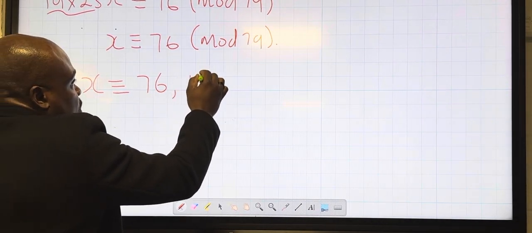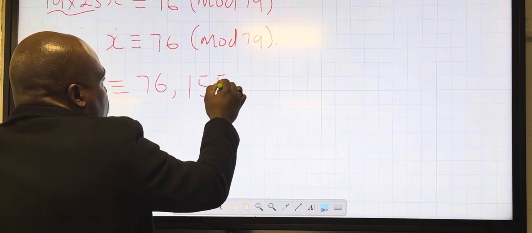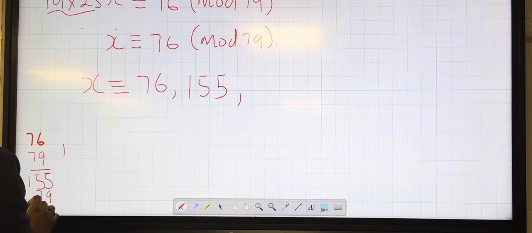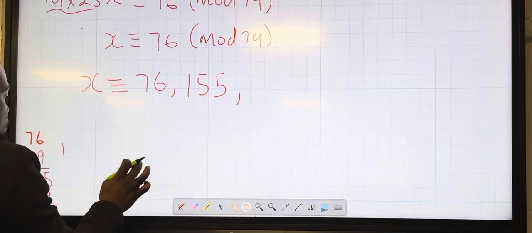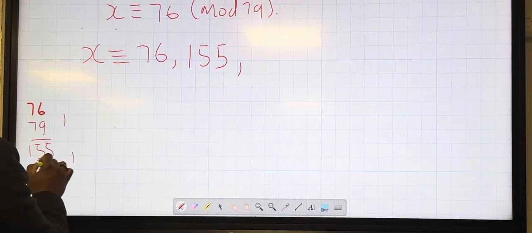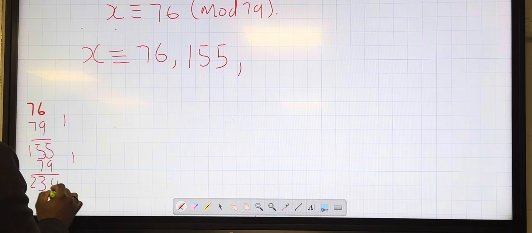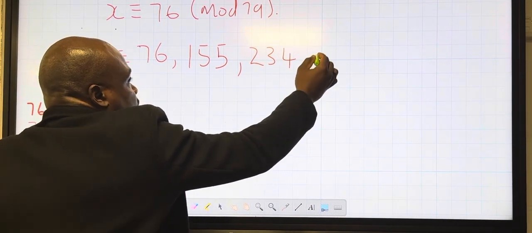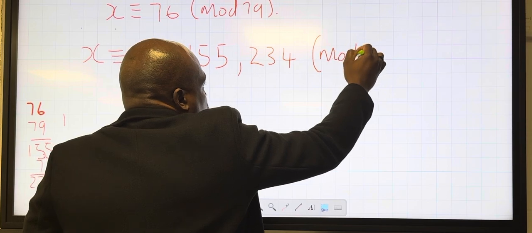So the next answer will be 155. Then 155 plus another 79, that's 14 carry 1, 8, 8, 9, 10, that's 13, 2. The next one will be 234. All these are the 3 answers in mod 237.